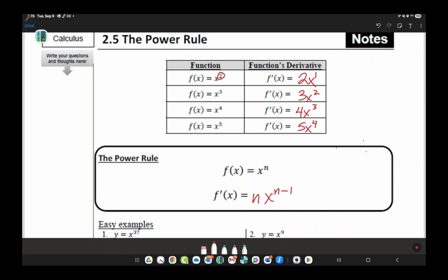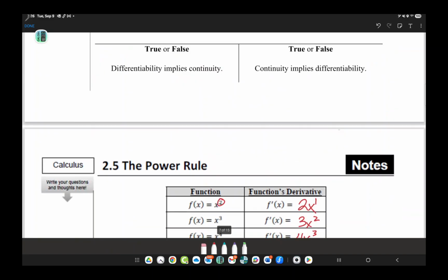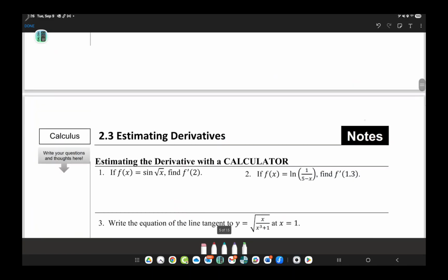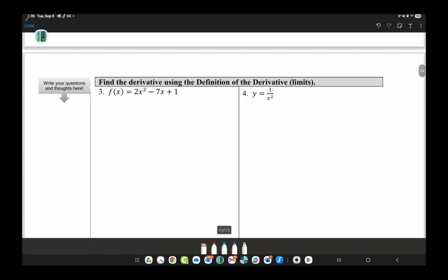So, if you remember, I'm going to go back here to these notes previous. If you remember doing question number 3, all that work we did just to find the derivative, if I do the power rule for that, what do I get? 4x. Now, because it's a 1, if you subtract 1 from 1, that's just going to go away, right?